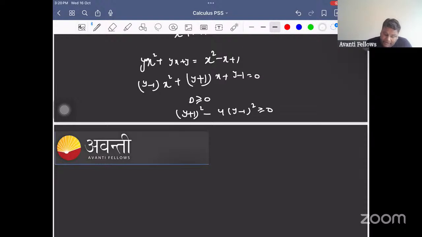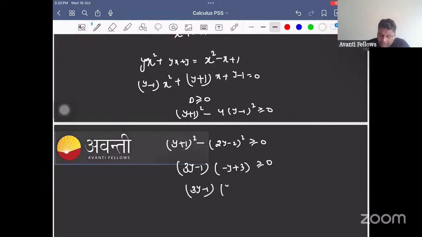Now I can write it as (y plus 1) whole square minus (2y minus 2) whole square greater than or equal to 0. Now it is a square minus b square, so to factorize I do (a plus b) into (a minus b). A plus b will be 3y minus 1, and a minus b will be minus y plus 3, greater than or equal to 0.